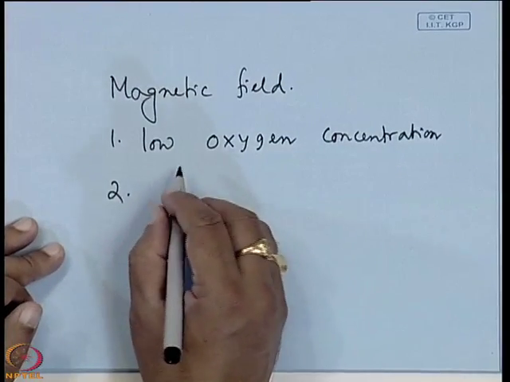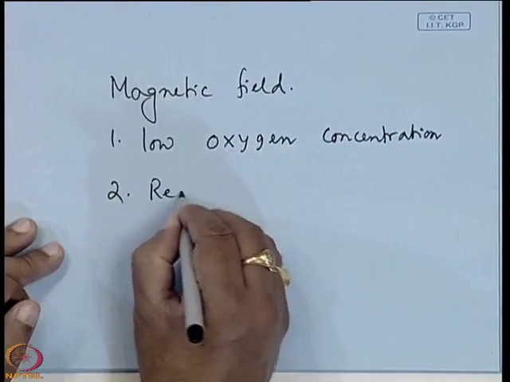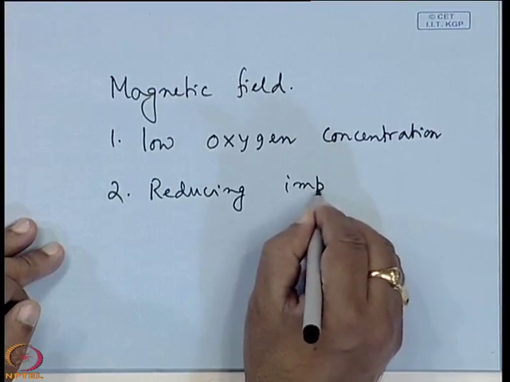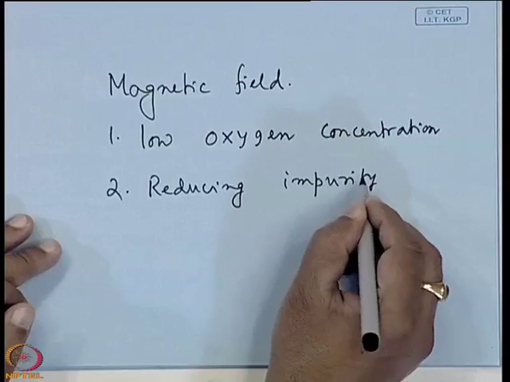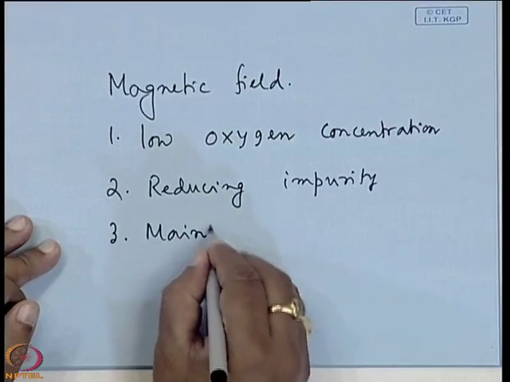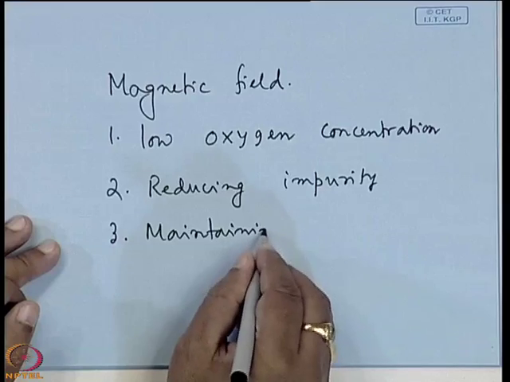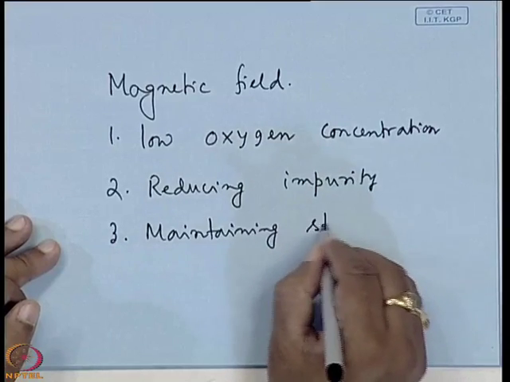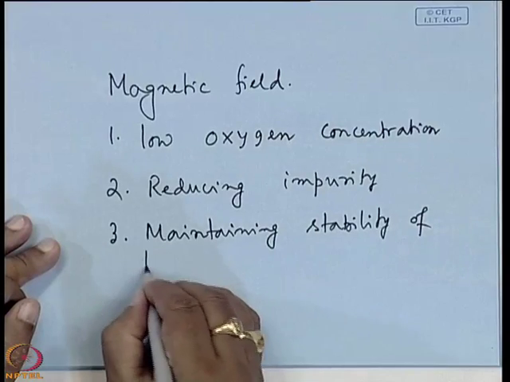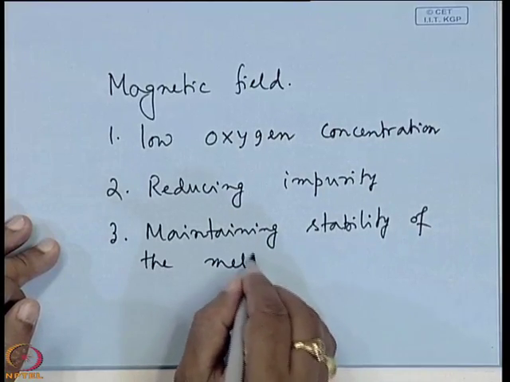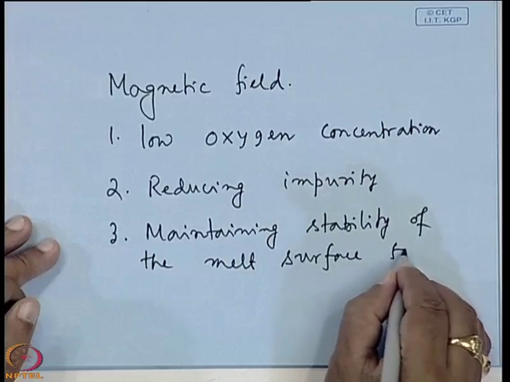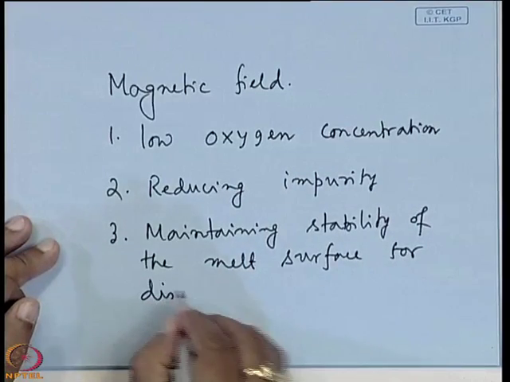Number 2 is reducing impurity, and number 3 is maintaining stability of the melt surface for dislocation free growth.